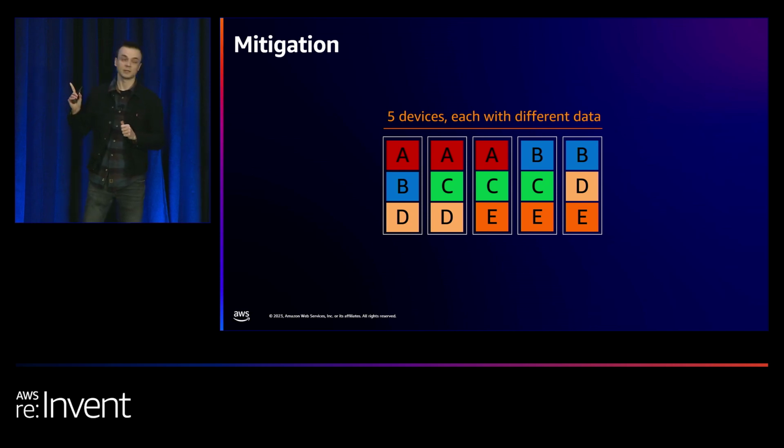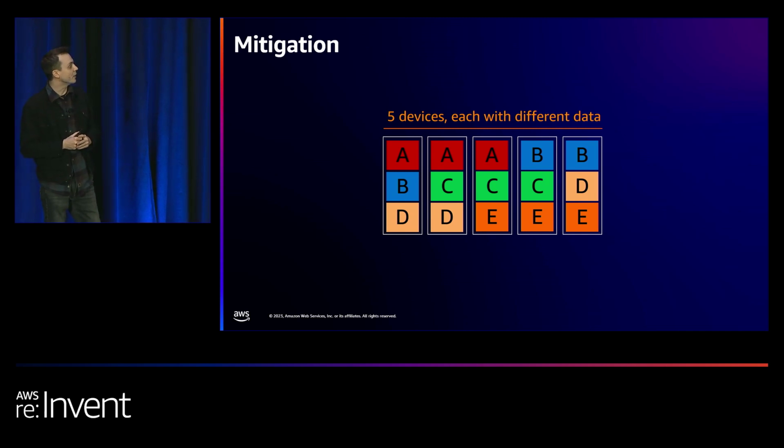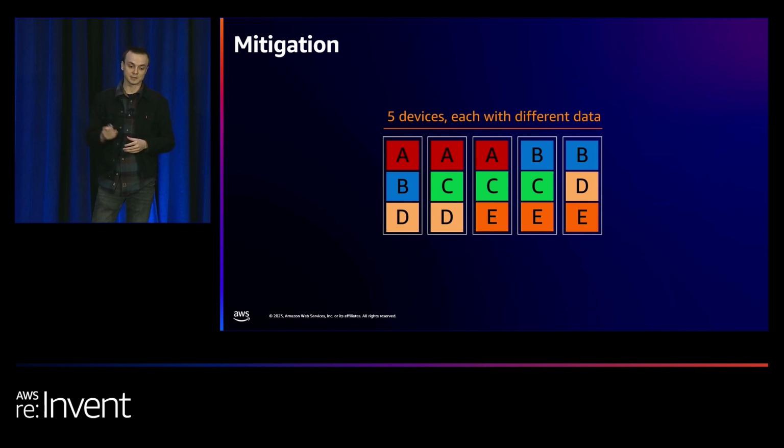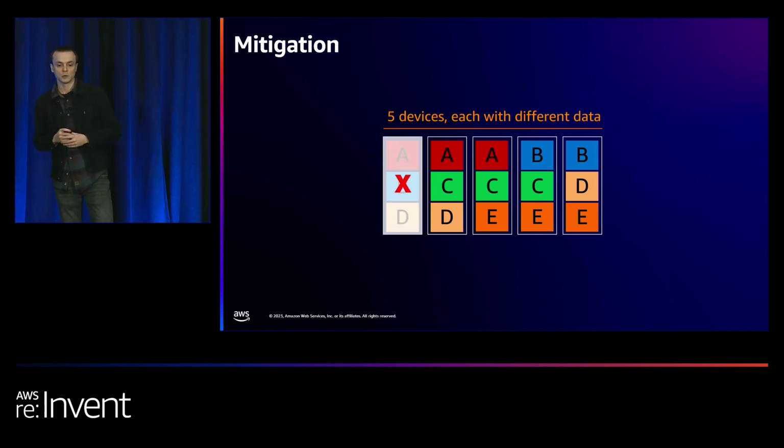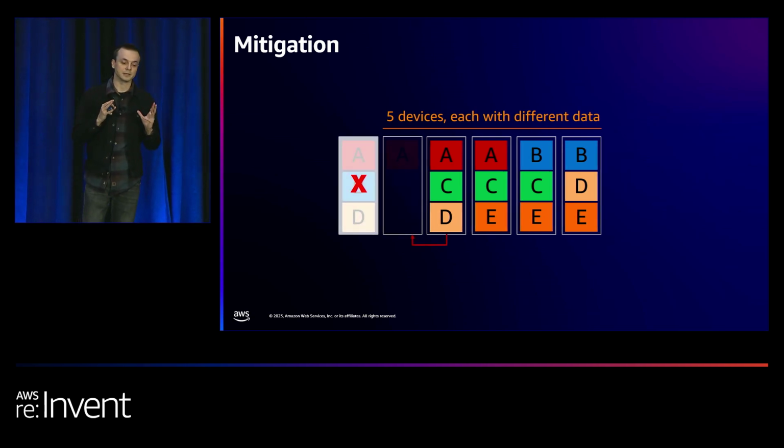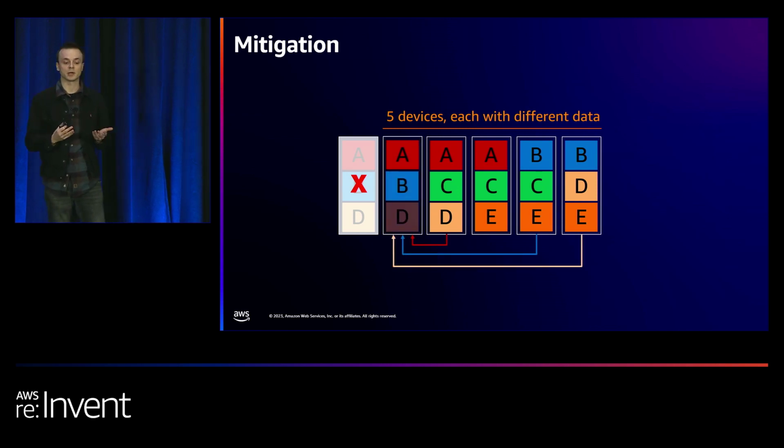And so an example I got here is I've got shards A, B, C, D, and E. And they're represented by the different colors. And these different shards are then redundantly stored across multiple devices. Here, I've got 5 devices. And so if a device fails, the data that it holds can be recovered using the shards stored in the remaining devices quite easily.